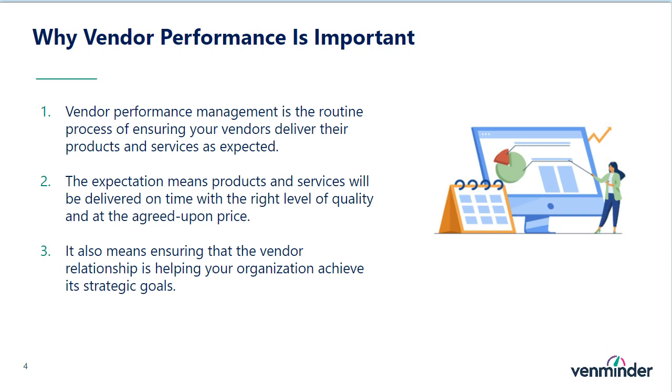The truth is, when you think about it, right, we engage vendors for a reason. They're supposed to help us fix a problem or realize an opportunity. And vendor performance management is the key to making sure that those vendors are helping you and your organization meet their strategic goals. For example, let's say I engage a vendor to take over an email campaign that I want to reach a bunch of people and convert them into customers.